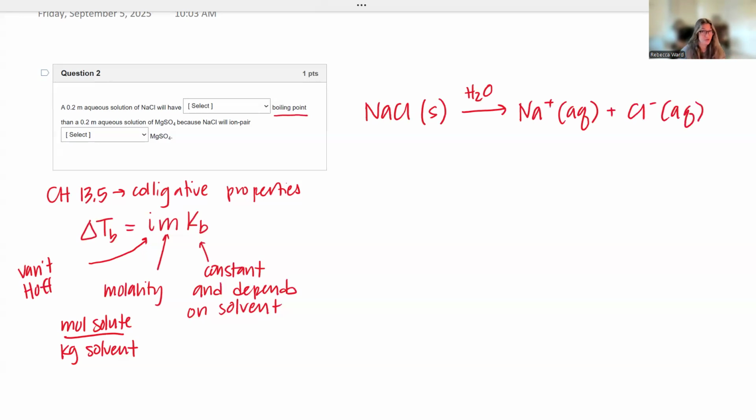So when we said colligative properties depend on the number of particles, when I put 1 mole of NaCl into solution, I'm actually getting 2 moles of particles, because every time I put this in, I'm getting an Na+ and a Cl-. So this translates to 2 moles of particles, right?